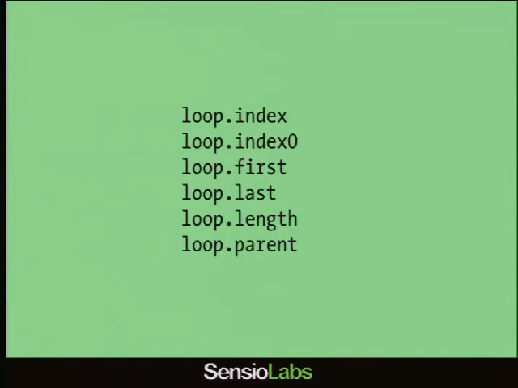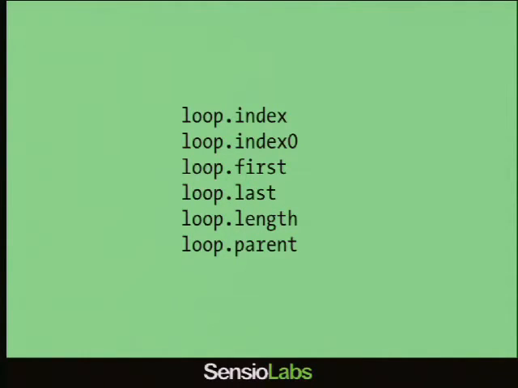The index we are at, index0 means that this one starts with 0, and index means this one starts with 1. Loop.first returns true if this is the first iteration, false otherwise, and loop.last returns true if this is the last iteration of the array.